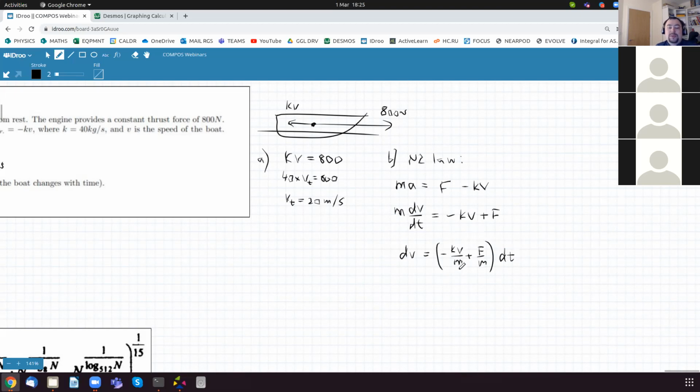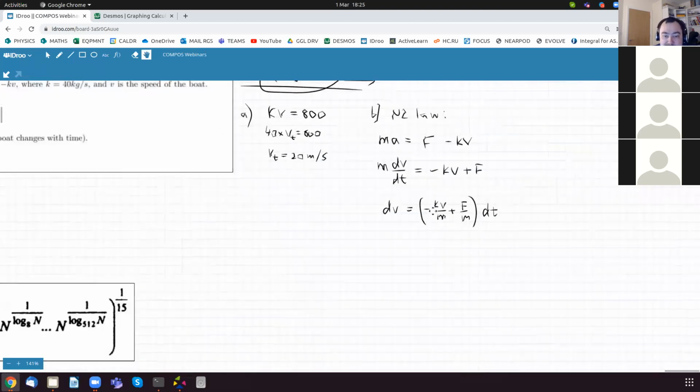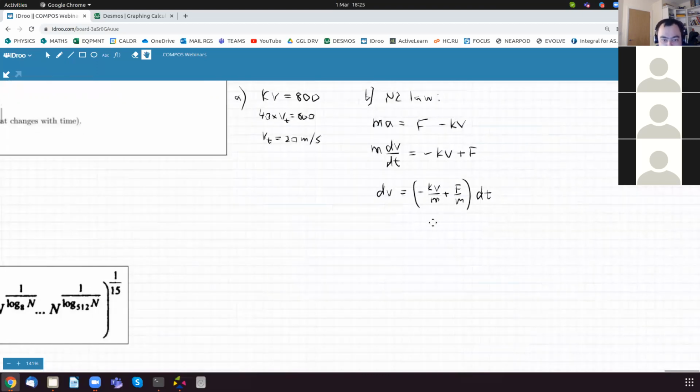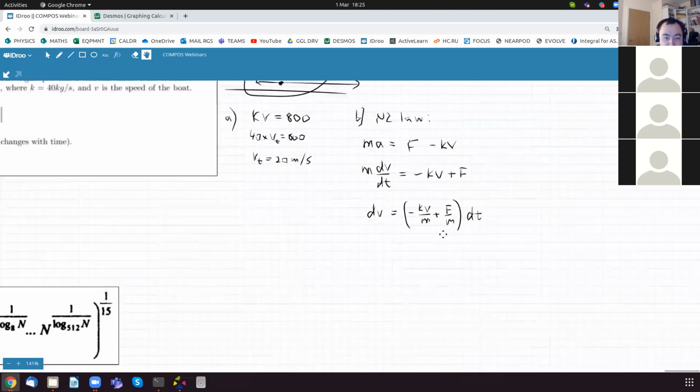So why do I want that? Because I want to separate the variables. I want everything related to V on the left-hand side and everything not related to V on the right-hand side. But also, I'm only allowed to have two terms. If I were to add kV here, so this would move to the left, but then I would have three terms, and it's difficult to deal with three terms.